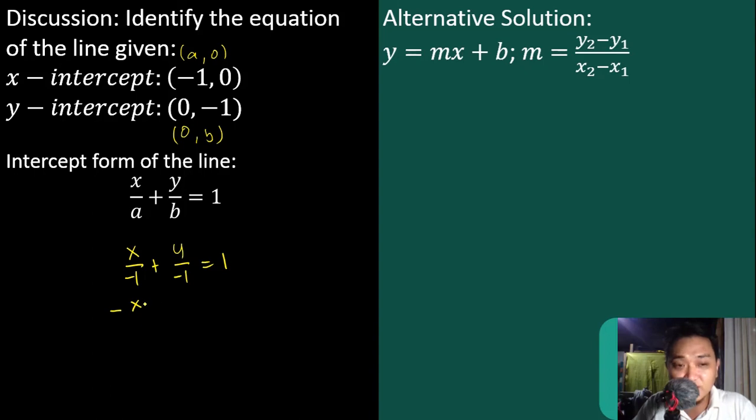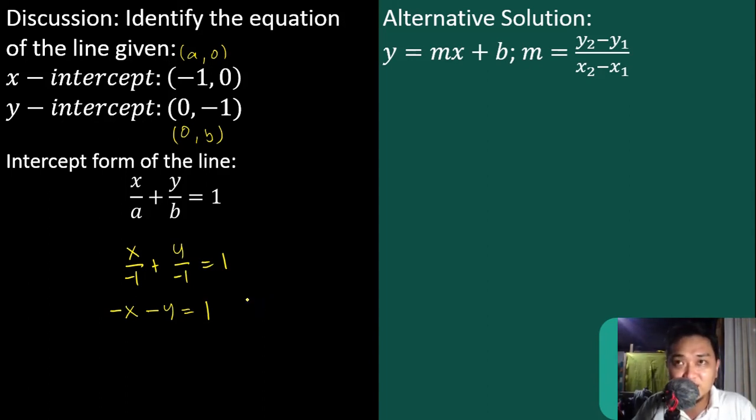No need to write the over 1. Then positive y divided by negative 1 is negative y. Negative x minus y is equivalent to 1. Actually, this is okay already. This is already the equation of the line.